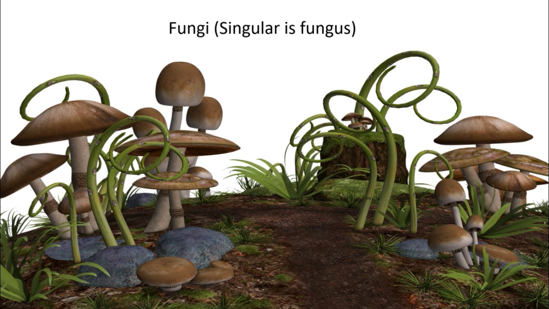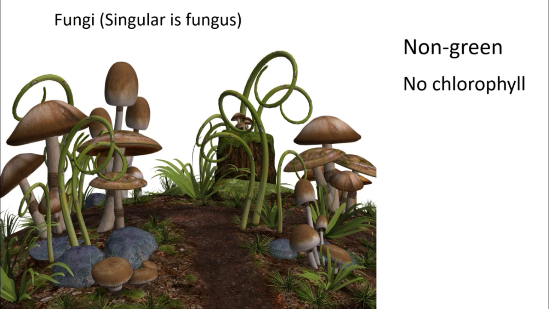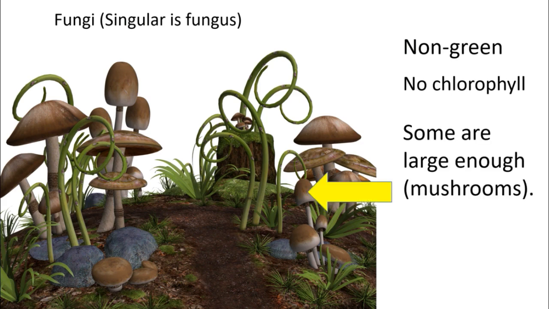It's generally non-green, which means it doesn't have any chlorophyll. Chlorophyll is the reason for the green color. So this is one type of fungi which is large enough that we can see them, and you must have seen them in gardens. Some fungi are microscopic.